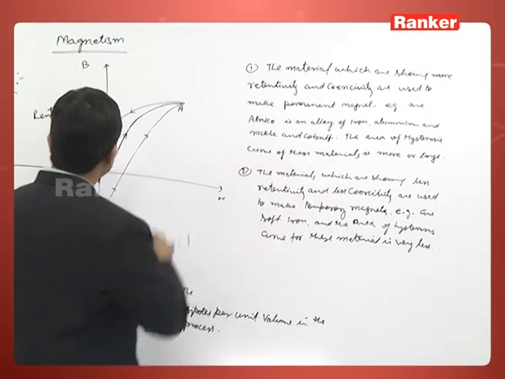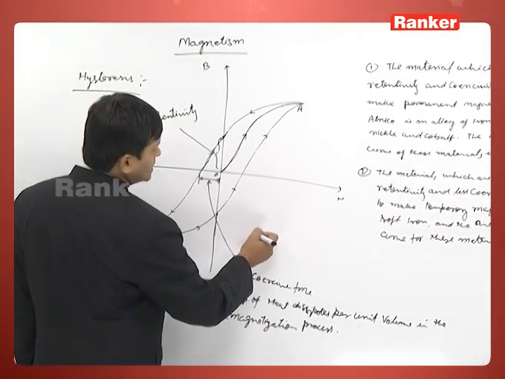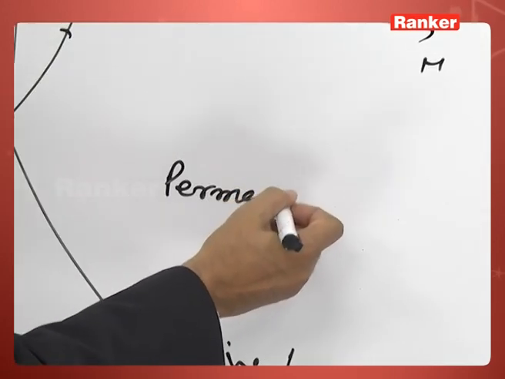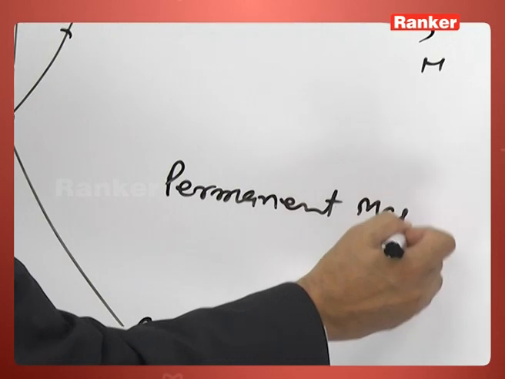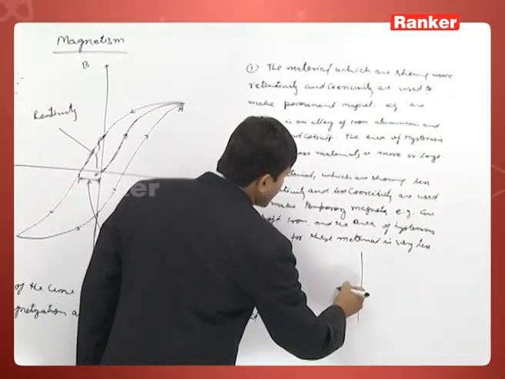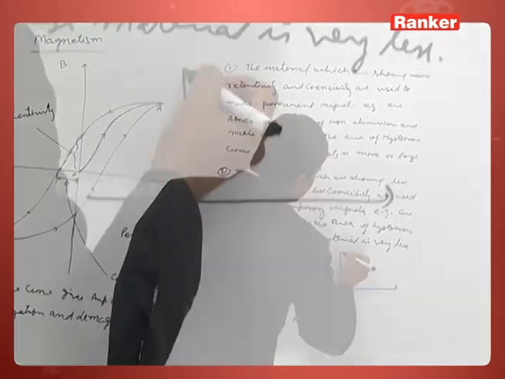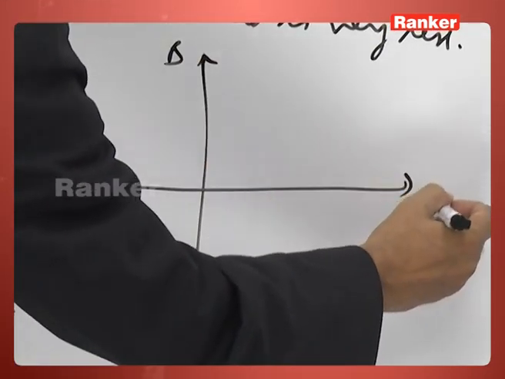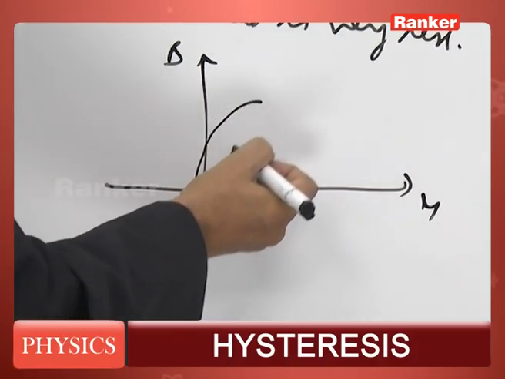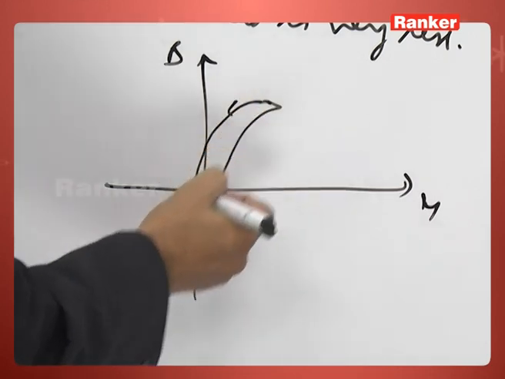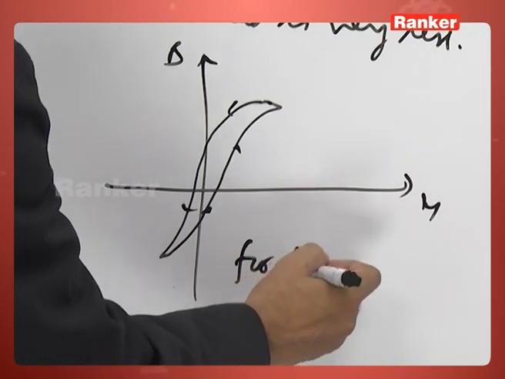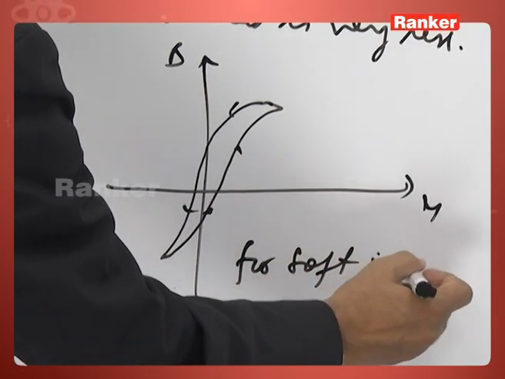So let, for example, this be for a permanent magnet, or if we want to make it for soft iron, the curve is very small or steep, like this. This is for soft iron.